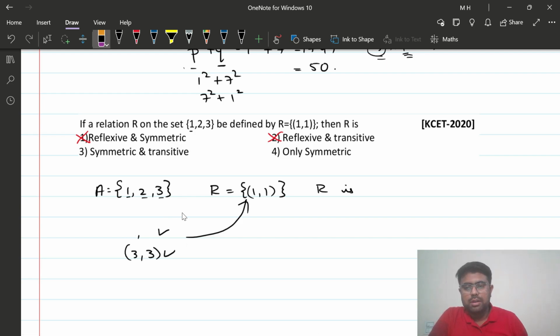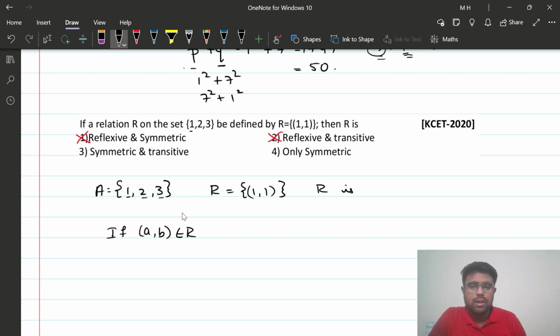Is it symmetric? For this, I will take you back to the definition of a symmetric relation. What does the symmetric relation say? The symmetric relation says if A is related to B, that is (A, B) belongs to R, then (B, A) must also be in R. Then R is said to be a symmetric relation.